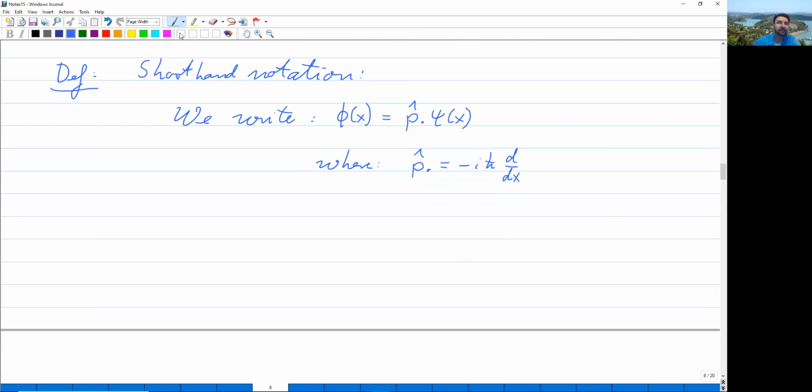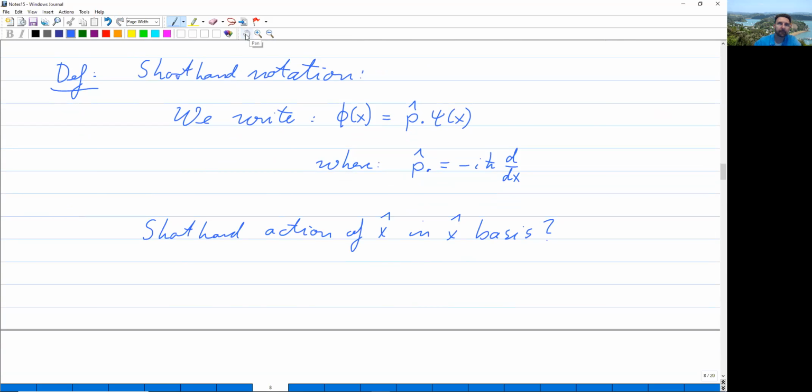So for example, what is now the shorthand notation for the action of x hat in the x hat basis, in the same basis therefore? Well, let's look at it.